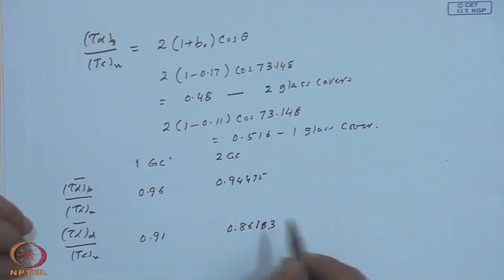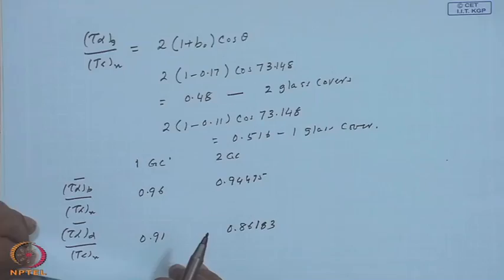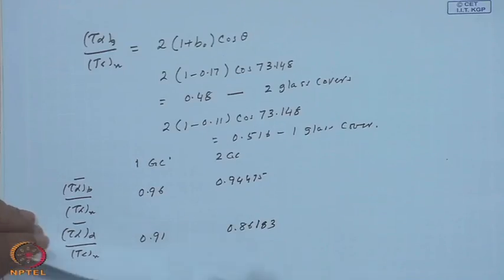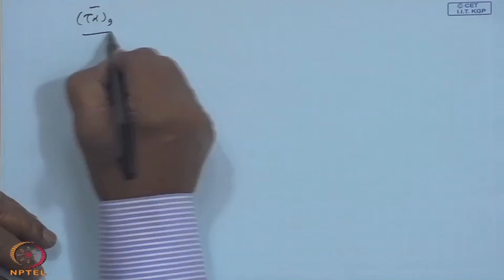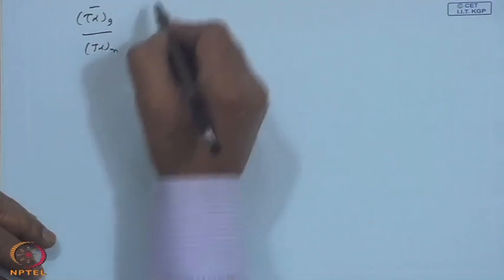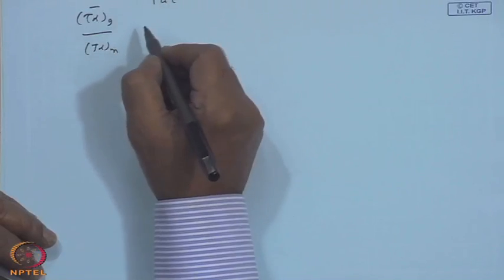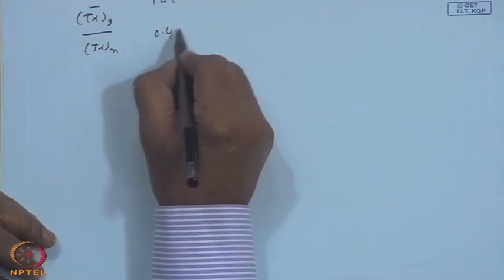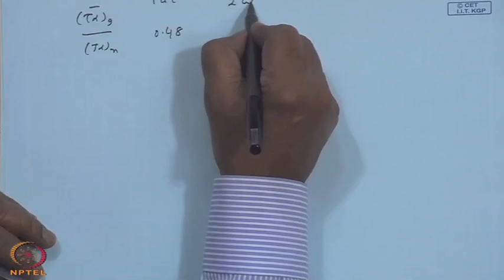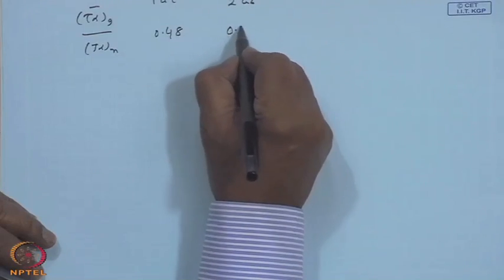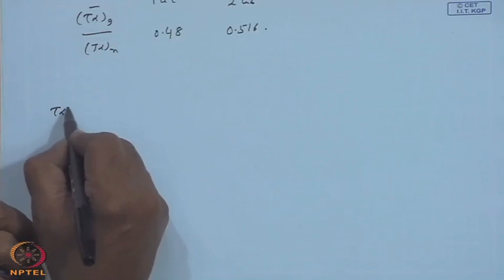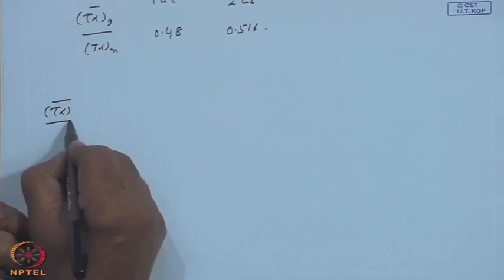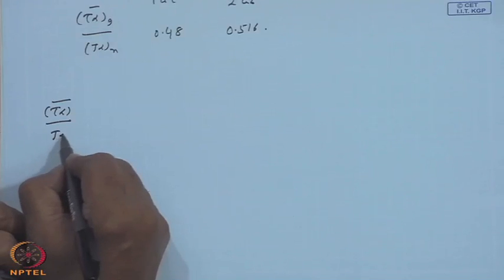And the last one, of course, is tau alpha bar g by tau alpha n. For one glass cover, it is 0.48. For two glass covers, it is 0.516.